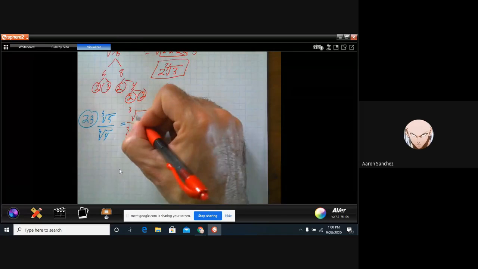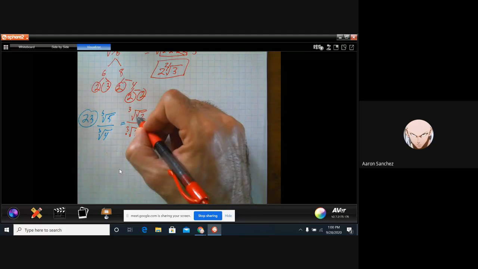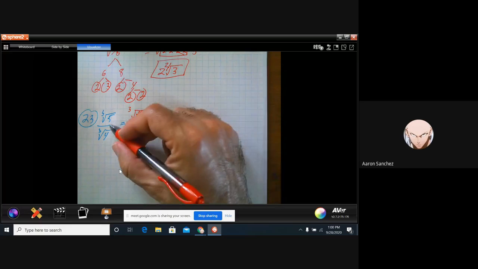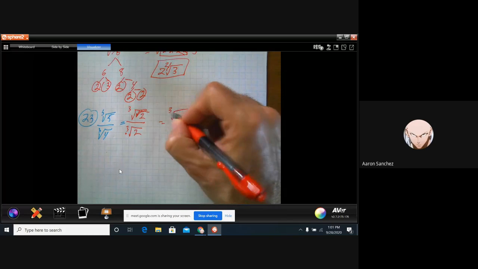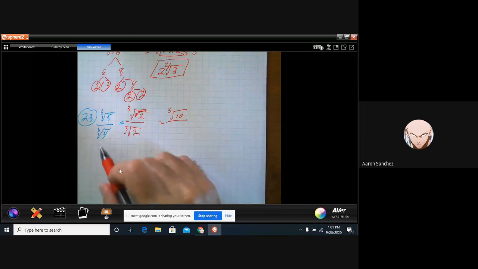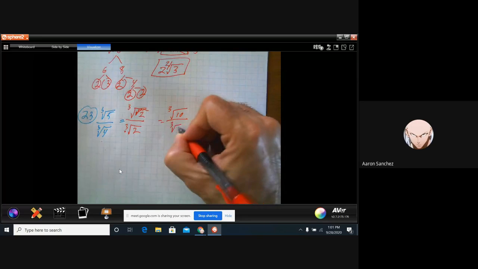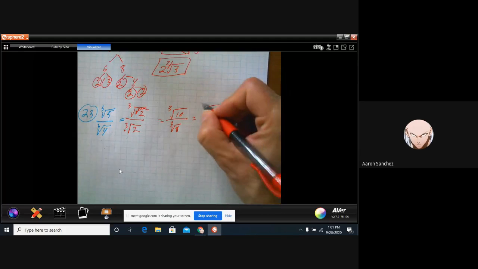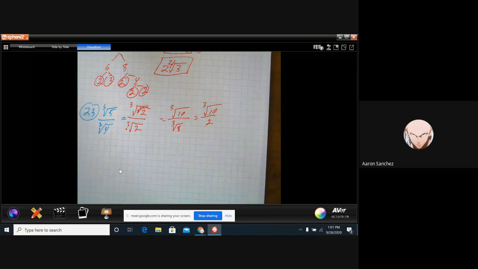But I've got to also multiply the numerator by 2. And so the cube root of 5 times the cube root of 2 is equal to the cube root of 10. The cube root of 4 times the cube root of 2 is the cube root of 8. And we all know that the cube root of 8 is 2. And there's your answer. That's how you do that.